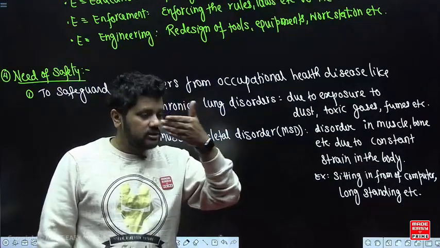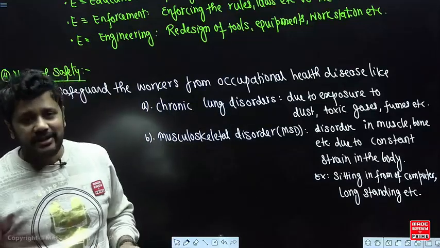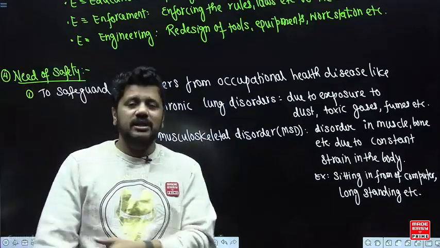Suppose you are looking very close or very far, or the ambient light in the room where you are sitting and watching this video that I am telling you about.